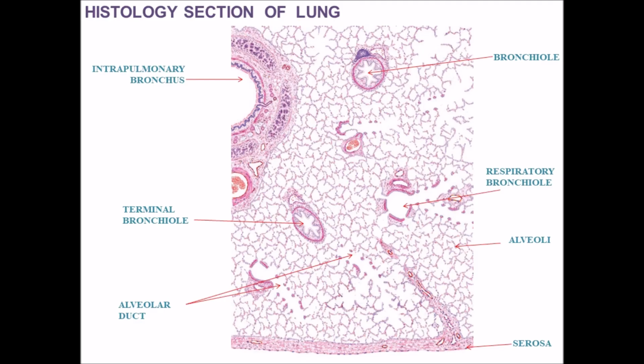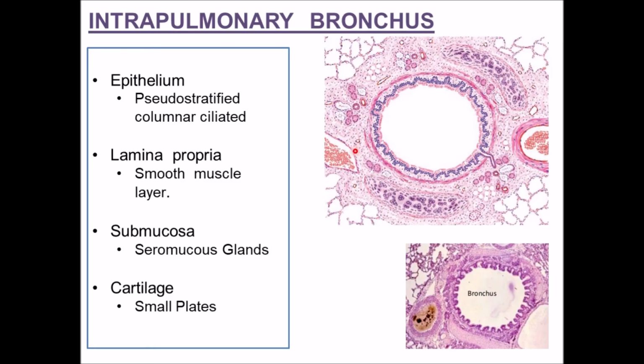This is the histological section of lung, showing the intrapulmonary bronchus here, along with pulmonary artery, pulmonary vein, bronchiole, terminal bronchus, respiratory bronchiole, alveolar duct, alveolar sac, and alveoli. The intrapulmonary bronchus is lined by pseudostratified columnar ciliated epithelium with occasional goblet cells.